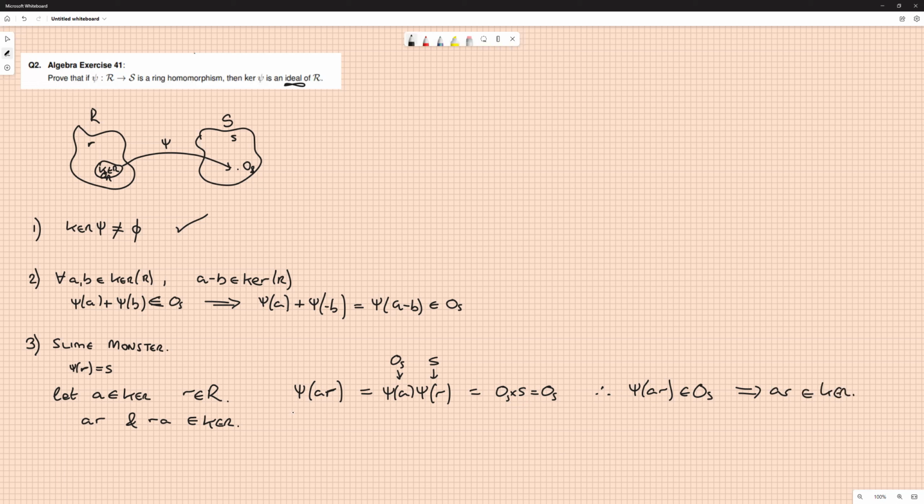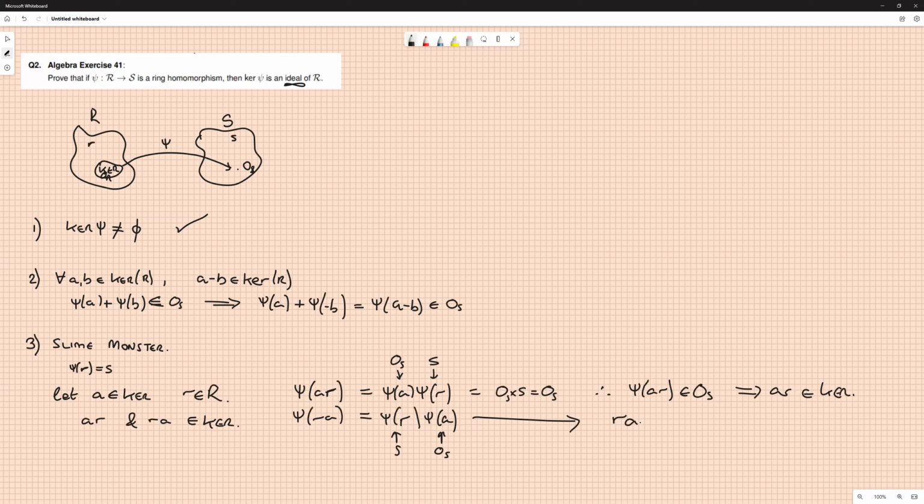Similarly, we can show exactly the same thing for RA. So this becomes phi of R, this is phi of A, so this is s, and this is 0_S, and then we can just follow it along.